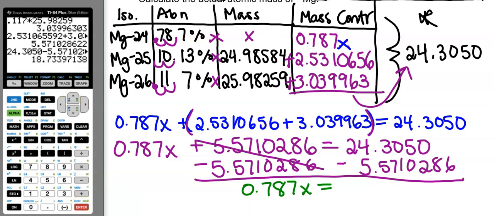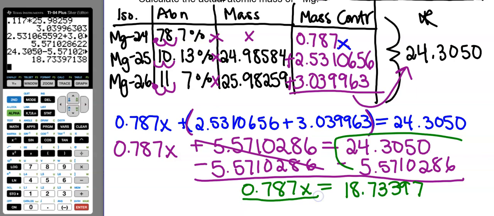And when we do the subtraction for these two values, it leaves us with 18.73397.